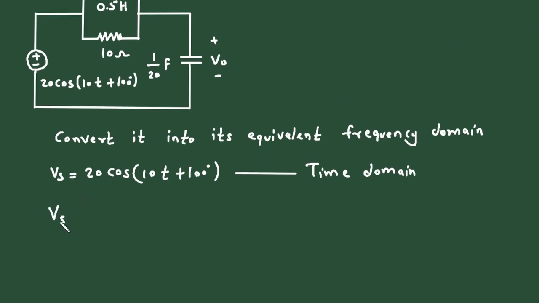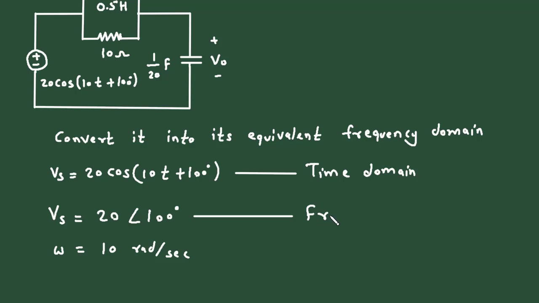This will be capital Vs is equal to 20 at an angle of 100 degrees. And the value of omega is equal to 10 radian per second. So this is in frequency domain.